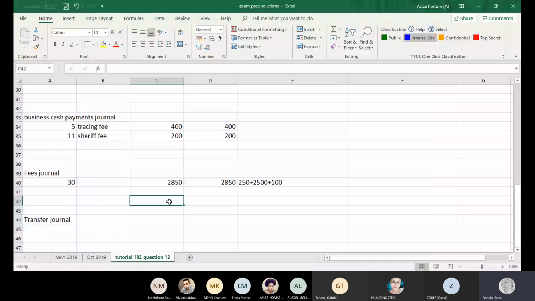On the credit side, we should have COSI, that is trust creditor, 285, and Fidelity Fund, 15 Rand, credit side.